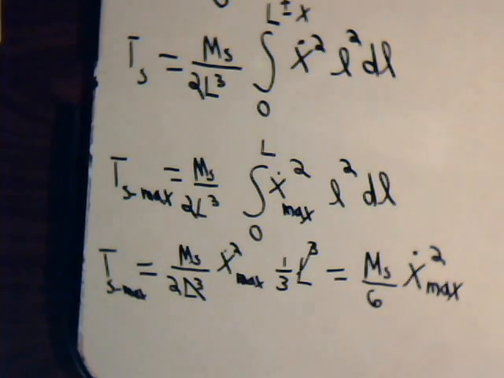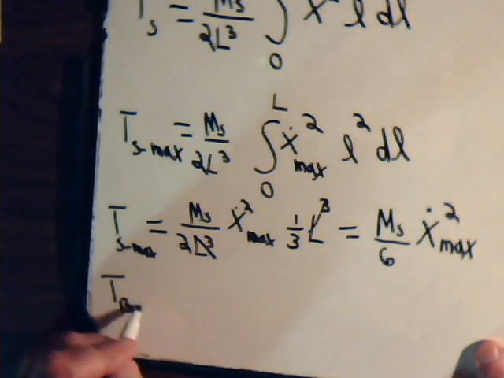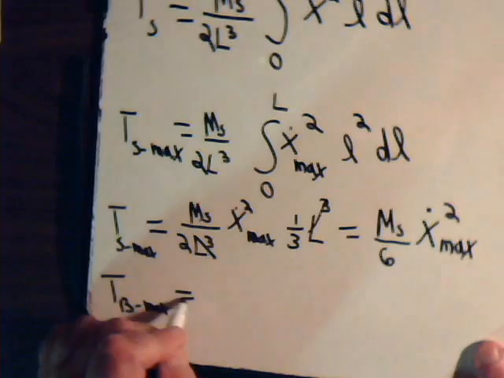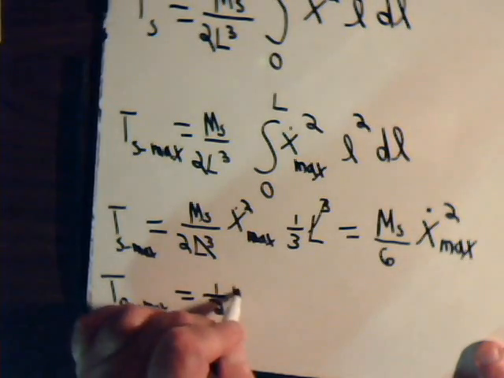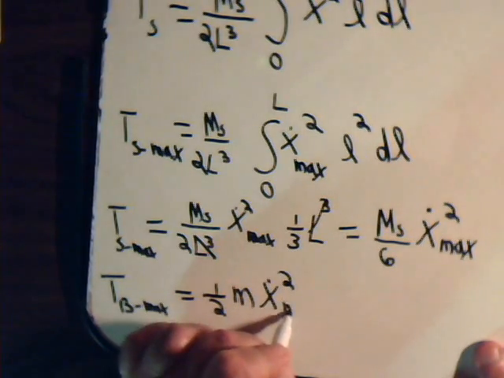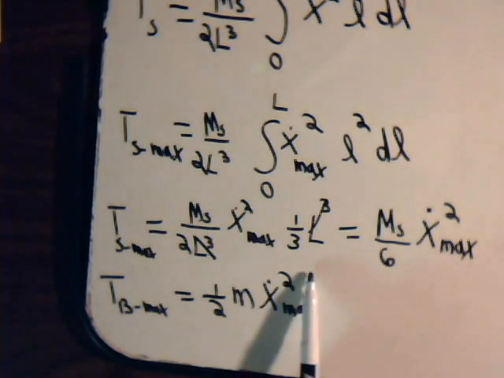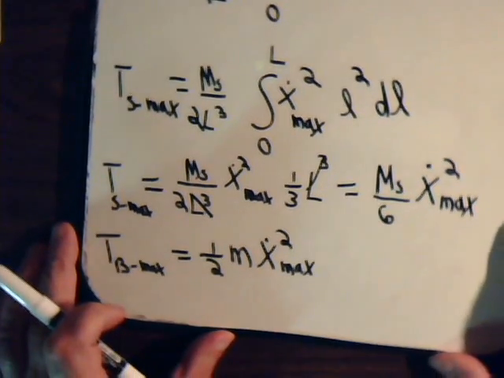Now, what is the maximum kinetic energy of the block? Well, that's real simple. The maximum kinetic energy of the block is just 1/2 its mass times its maximum velocity squared, x dot maximum squared. So the total maximum energy of our system is going to be this plus this. Let's see if we can squeeze that in down at the bottom here.